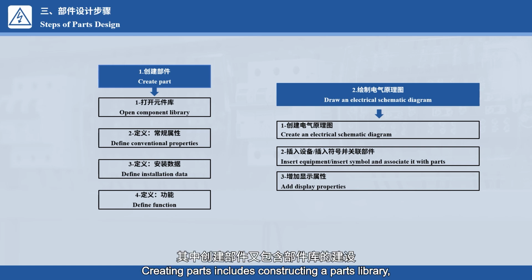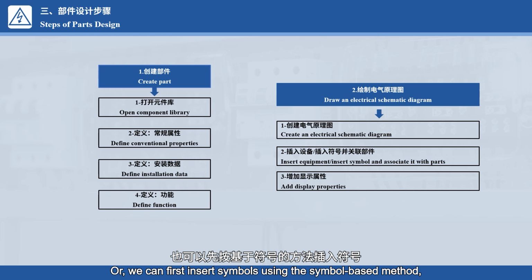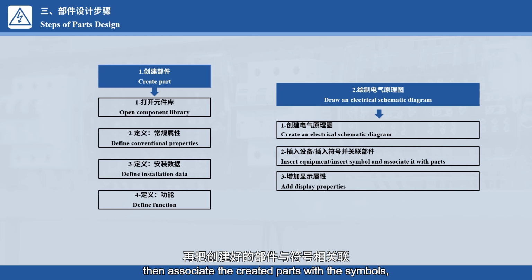Creating parts includes constructing a parts library, defining parts properties, etc. When drawing the schematic diagram, we can directly insert the equipment symbol with parts properties to the drawn page. Or we can first insert symbols using the symbol-based method, then associate the created parts with the symbols, and assign product information to the symbols drawn in the electrical schematic diagram. The above is the overall idea of part-based design.